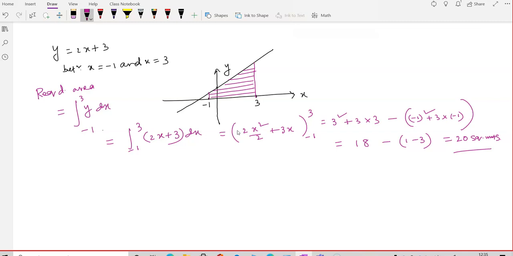Now in the second sum, this was our example 1. Suppose they are asking you to find the area bounded by the curve y equal to 2x square with y-axis between y equal to 1 and y equal to 4.